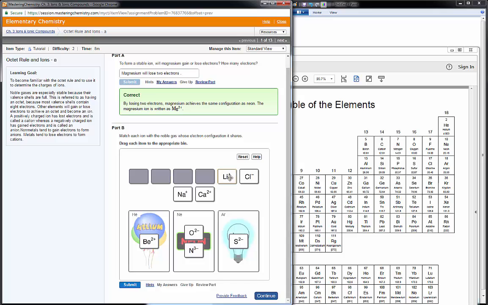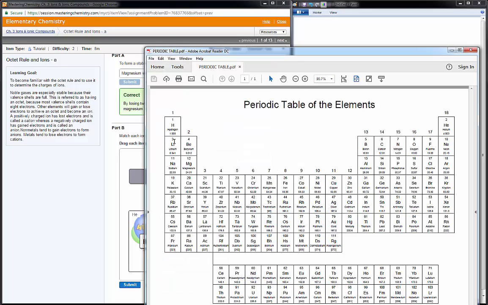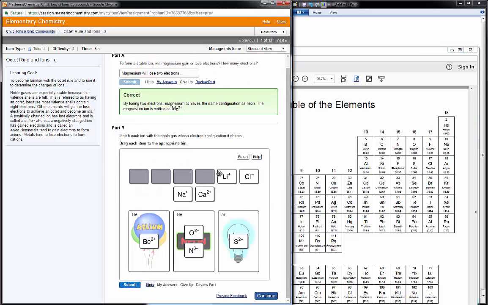Lithium 1+: lithium has 3, so if I lose an electron to gain a positive charge, then I will only have 2 electrons left, just like helium. Chlorine -: chlorine has 17 electrons, so when it gains 1 in order to get a negative charge, it will have 18, just like argon.